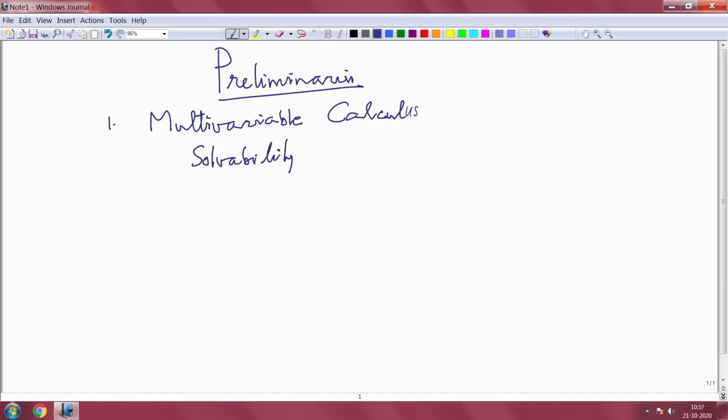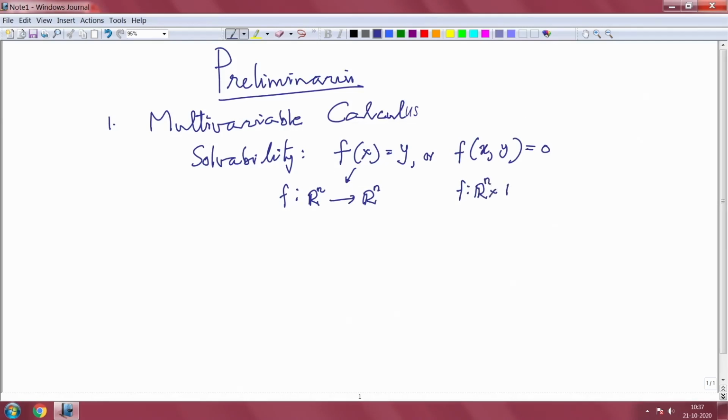You want to solve equations of the form f(x) = y, or equations in the implicit form. This is the explicit form, and f can be a mapping from Rn to Rn, and here f can be a mapping from Rn cross Rm to Rn. So, you can have this kind of mappings.